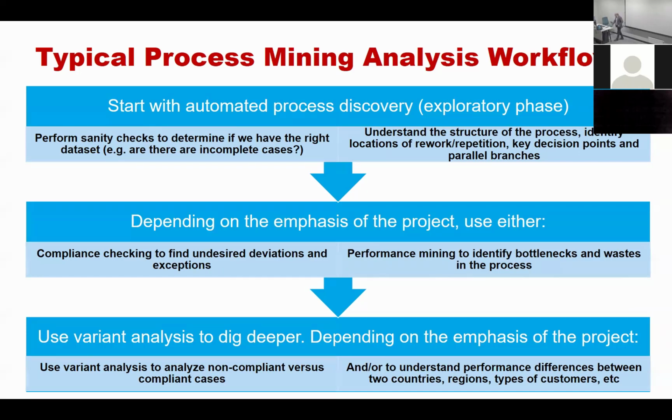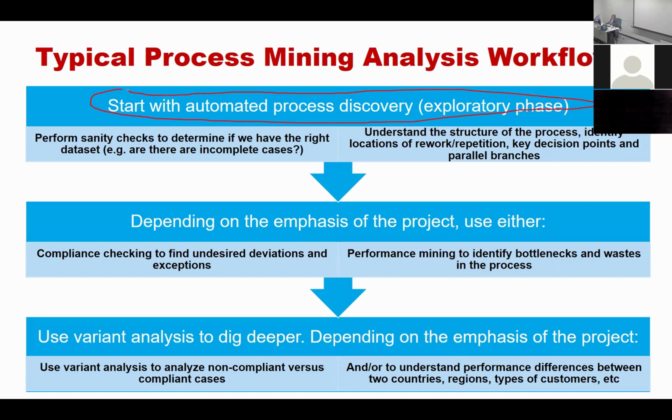First, when you have managed to put together an event log of a business process, the first thing that you do is to try to discover it using automated process discovery techniques.